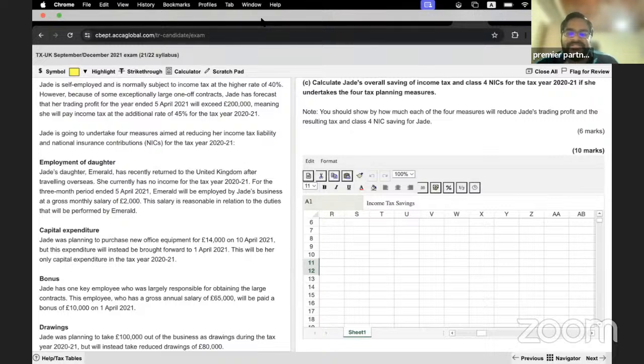Once you type equal sum, then press tab, and automatically the bracket will come. Whatever the formula, type the formula and press tab. That will automatically convert it into the function. Are we okay?